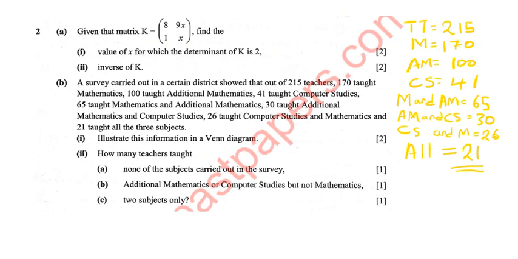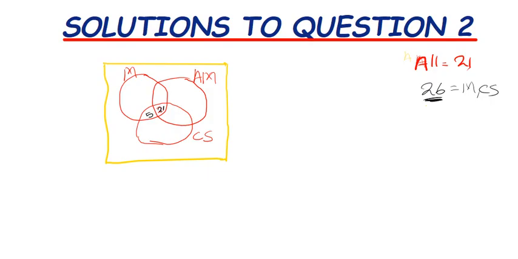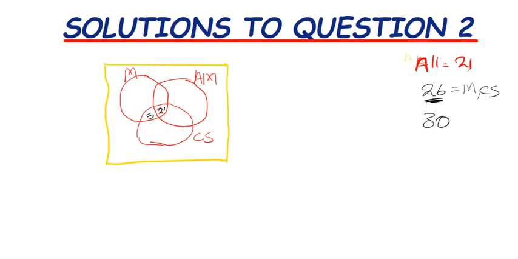Now you proceed. We have taken this, now we are remaining with that. Now they have said additional mathematics and computer studies. There are how many? 30. So we have 30 who did computer studies and additional mathematics.